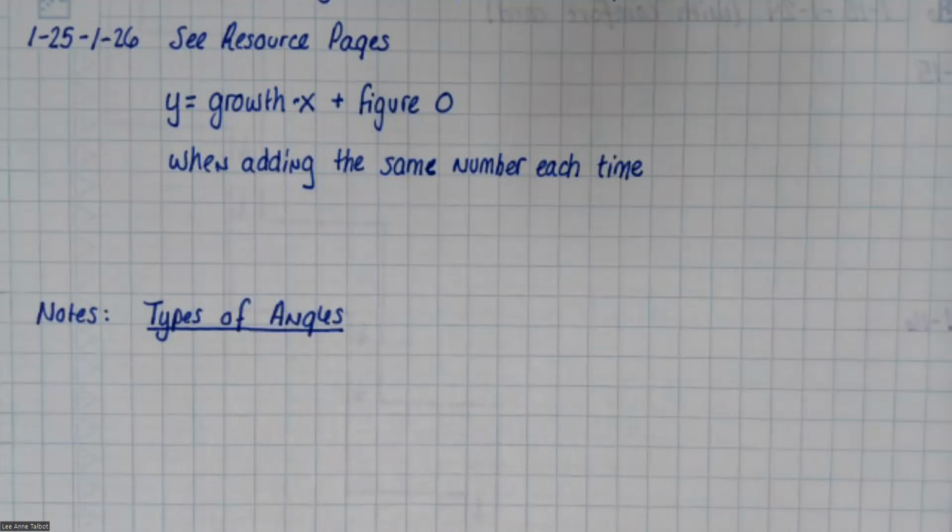At the very top, I made you this little placeholder so that tomorrow morning when you come in and I say, I want to stamp number 25 and 26, it jogs your memory to look at the resource pages. And the one thing I want to note from the resource pages is when you're adding the same number of tiles each time, the equation is y equals growth x plus figure 0. And don't do anything yet.